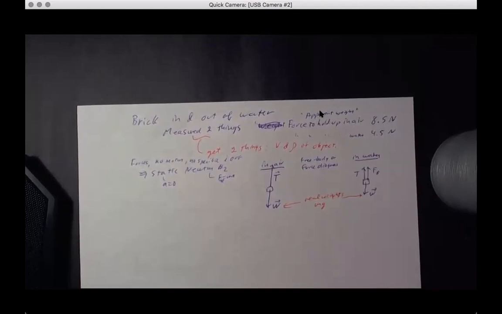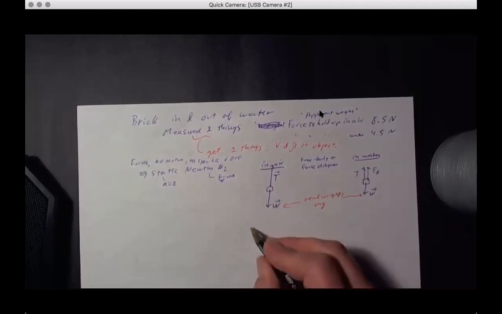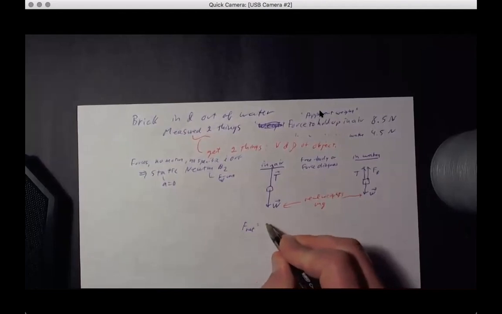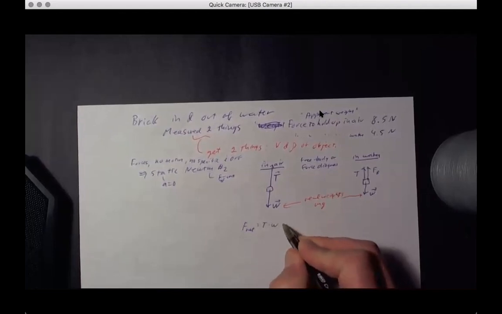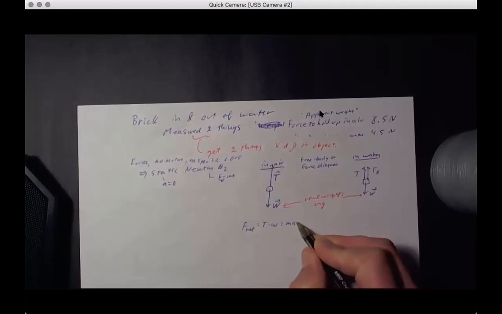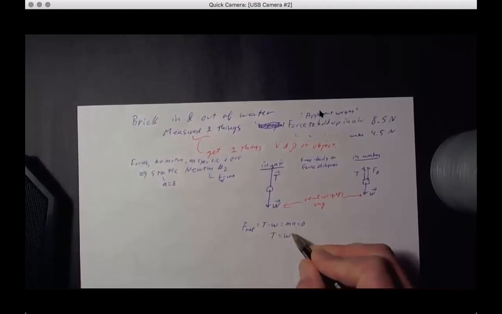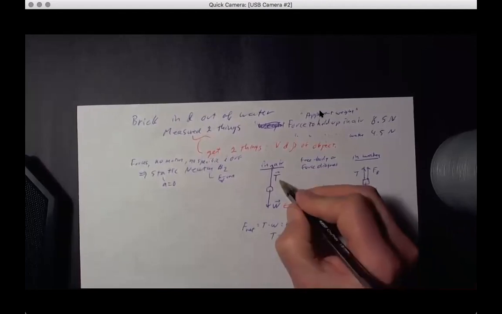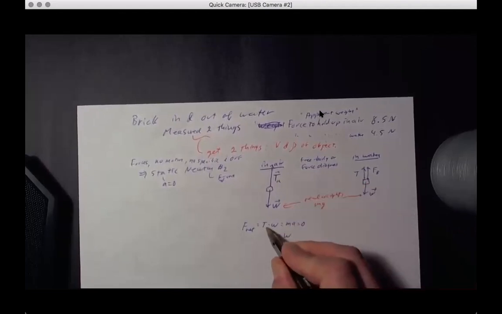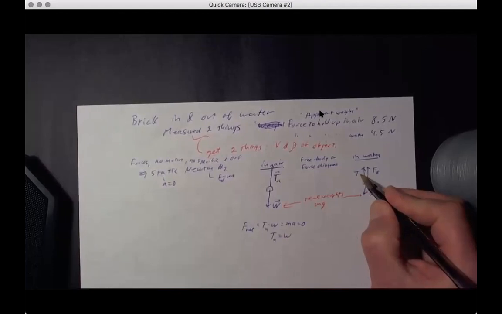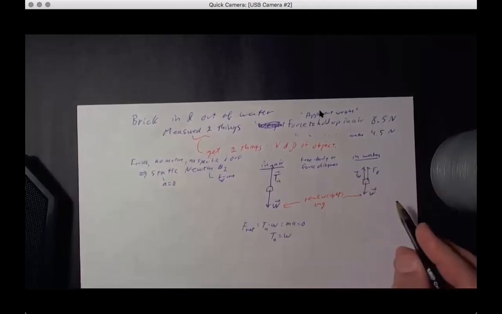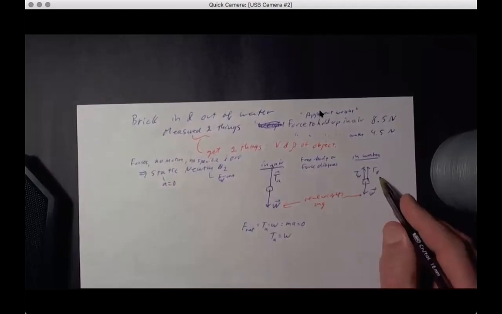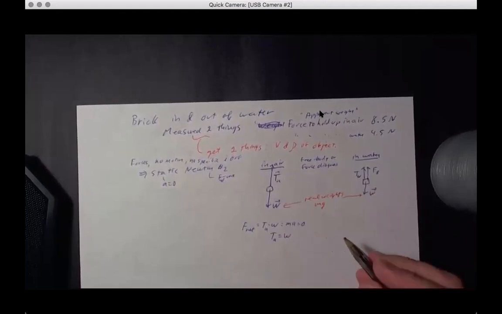So let's do Newton's second law on these things here. This tells us that F net equals T minus W is equal to ma is equal to 0, so T is equal to W. And this is T air, and this is T water, because it's different. The weights are the same, buoyancy is given, but the T's differ.